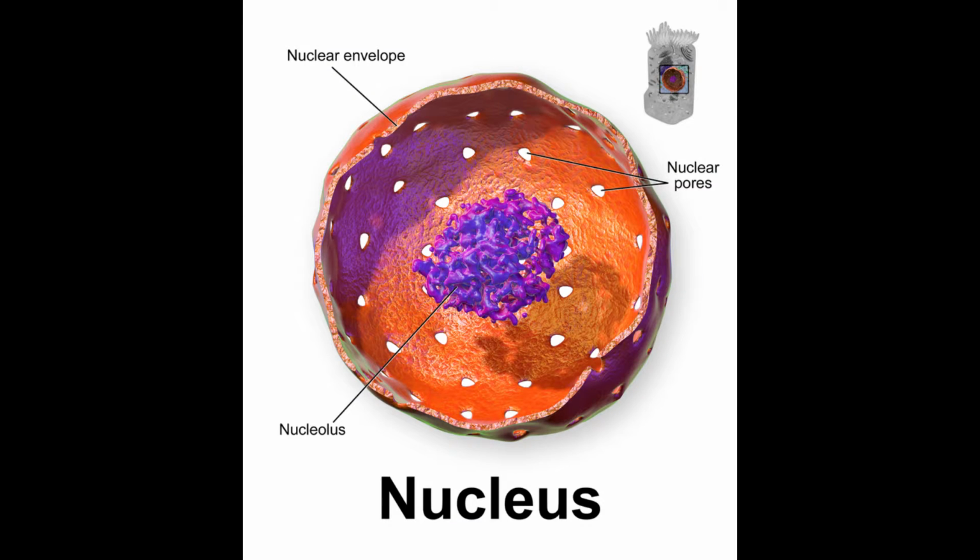And then nucleus. The nucleus looks like a pickleball, but kind of like a coral in the center of it. The nucleus is in charge of directing the rest of the cell and making sure everything runs smoothly.